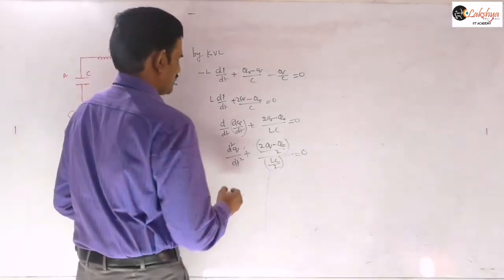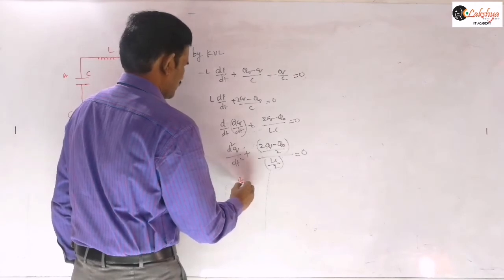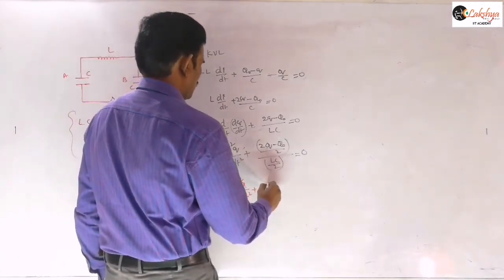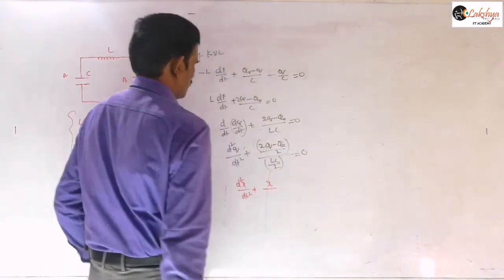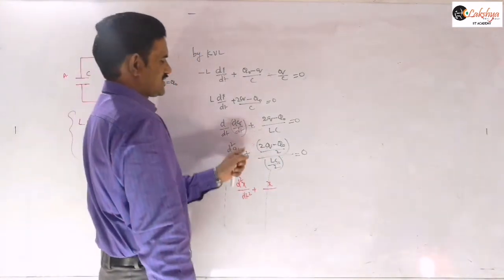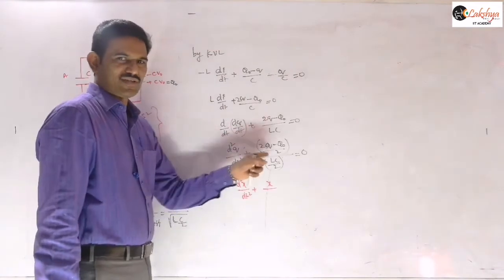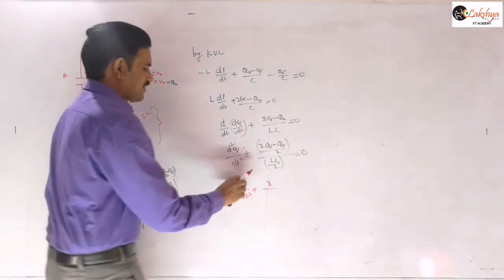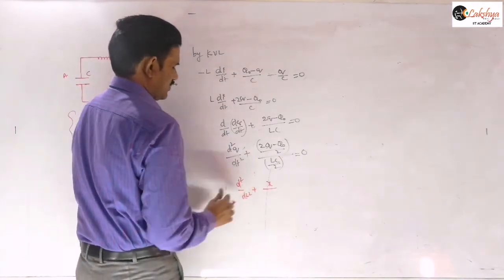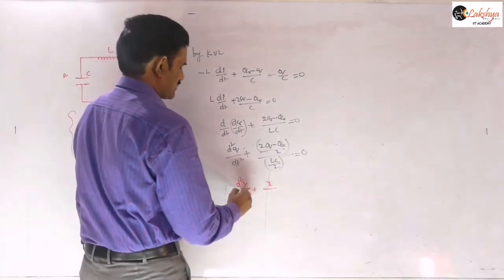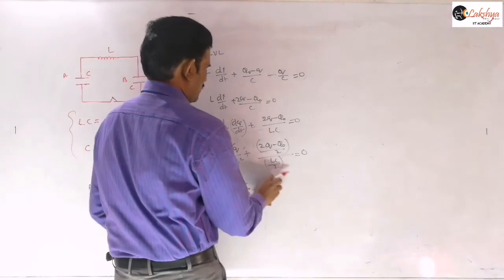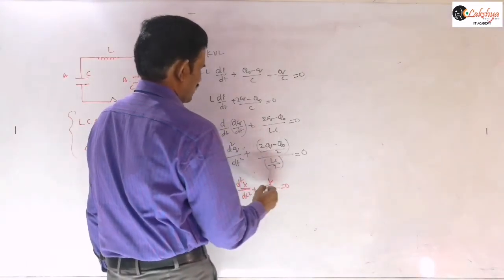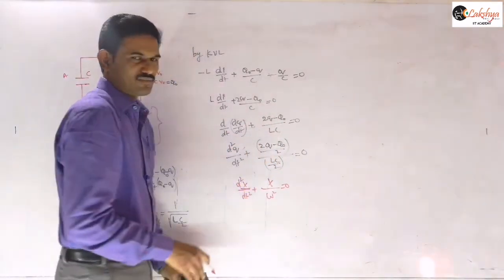Then compare with the equation d square x by dt square plus omega square x. Here I am taking x as some capital X, so then here also it will be capital X by omega square, where capital X is this value here. Is it clear?